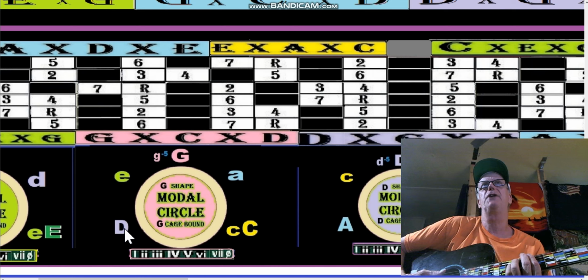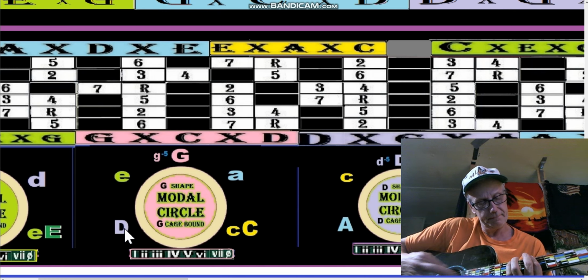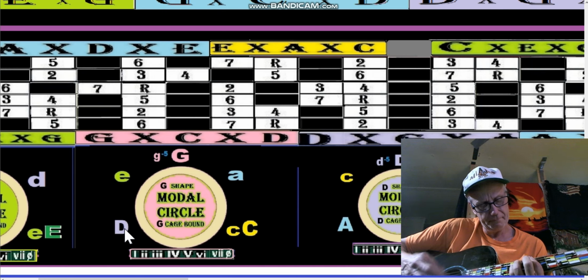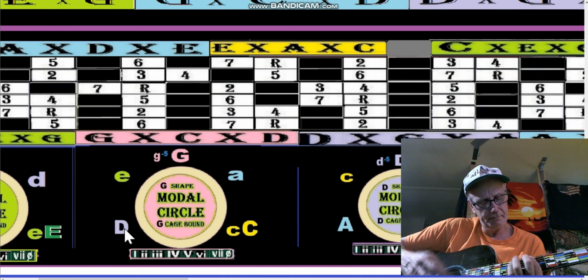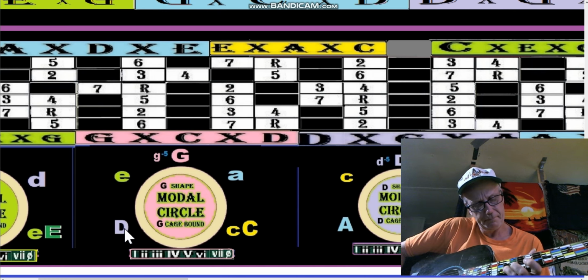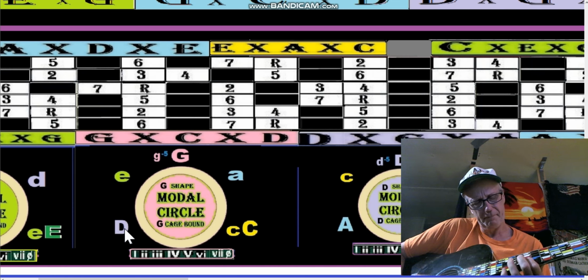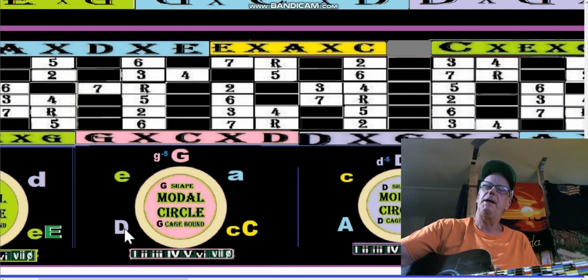The pentatonic, but it has to go off of the root chord now, which is the G shape. That would be the pentatonic.